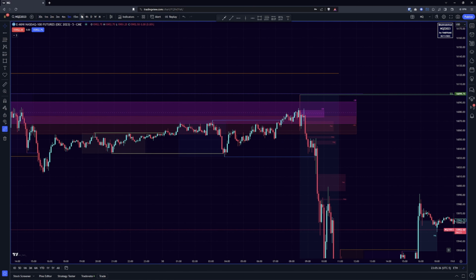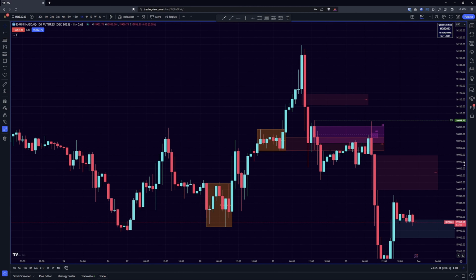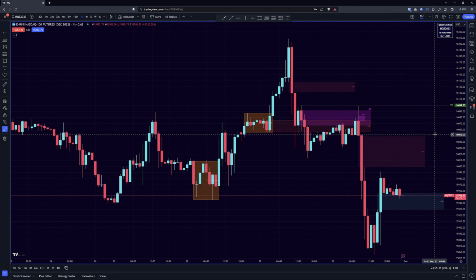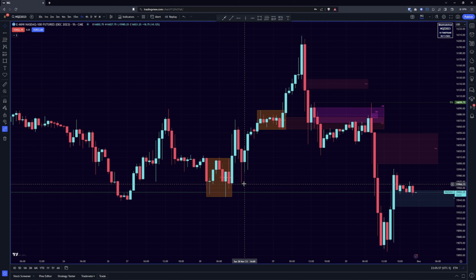Now, as far as targets, this is where I could have done better probably, but being as this is still very new to me, trading based on this MMSM structure with the second leg of redistribution, I targeted this low here just because I wanted to, I guess, protect myself from the potential of this order block holding up here, which, as you can see, didn't happen.